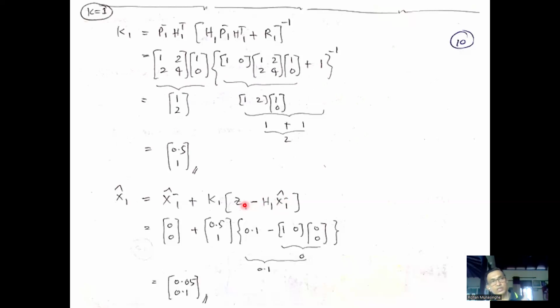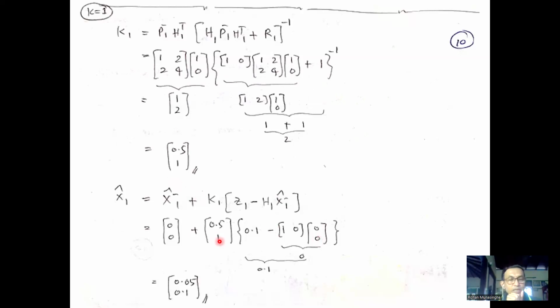And if you look at the question, it says the first reading of the position was 0.1 meter. The spacecraft has been deflected by 0.1 meter. That was the first reading. So you put it over here. H1 is 1, 0, and x1 minus hat is 0, 0. We assume it initially.